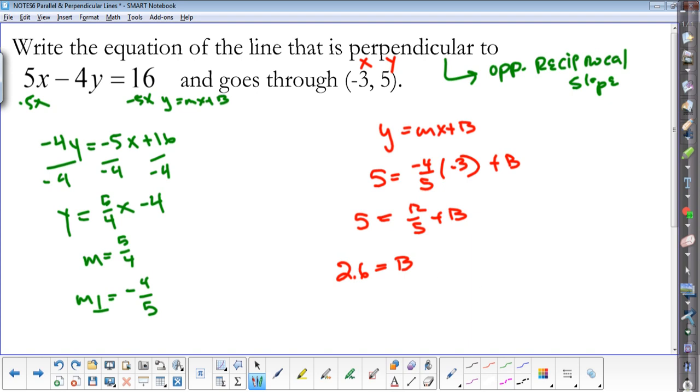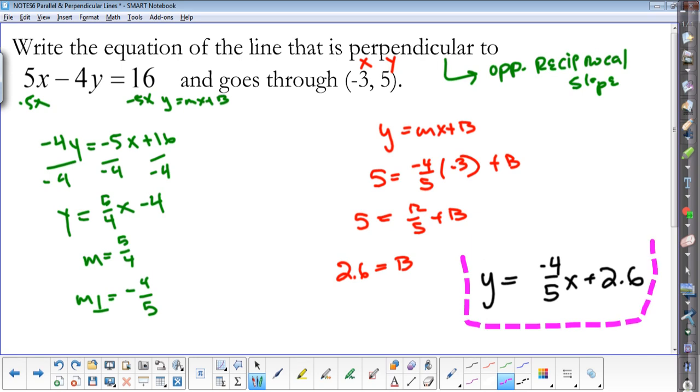Anything like that would have been okay. So then my final equation is y equals my new slope plus my new y-intercept. And this is your perpendicular line. If you graph this line and you graph this line, they would be perpendicular.